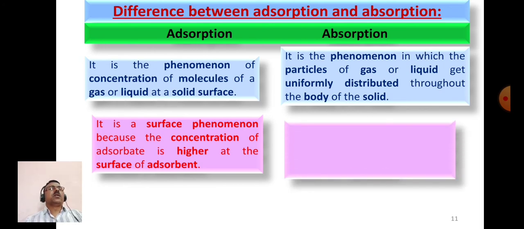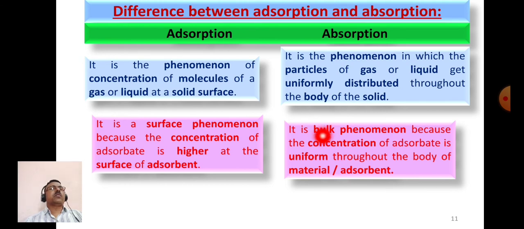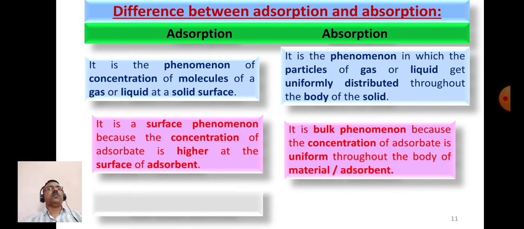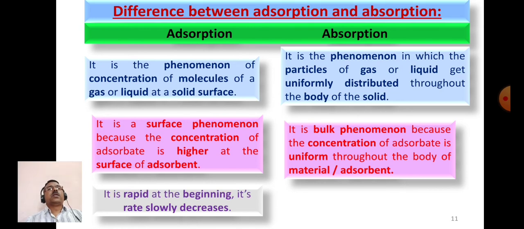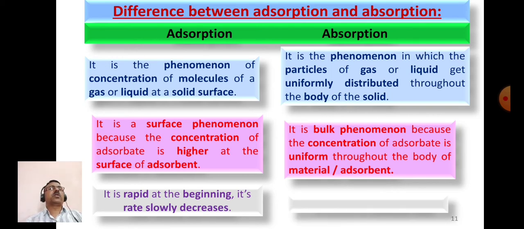whereas absorption is a bulk phenomenon because the concentration of the absorbate is the same throughout the body of the material, or you can say the absorbent. Here is a typographical mistake, so here it should be absorbent. Now the third point: adsorption is rapid at the beginning and its rate slowly decreases, whereas absorption occurs at a uniform rate.